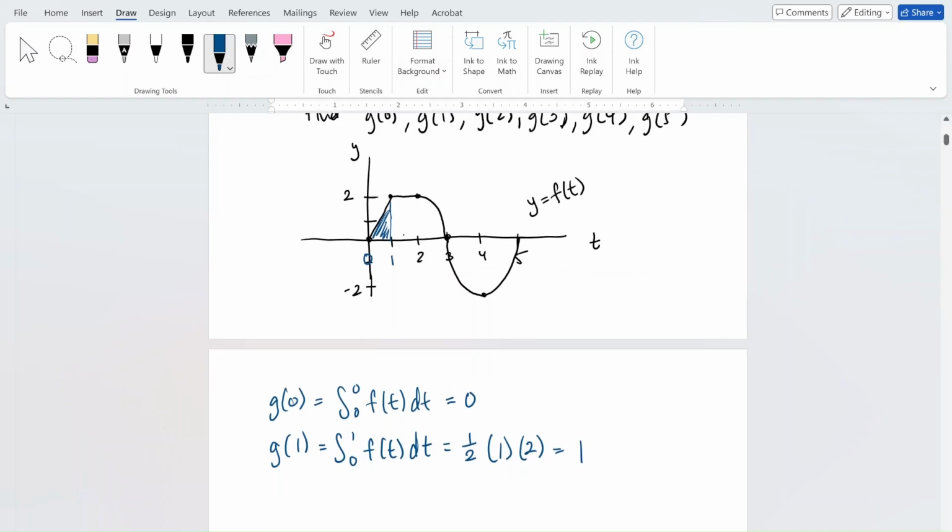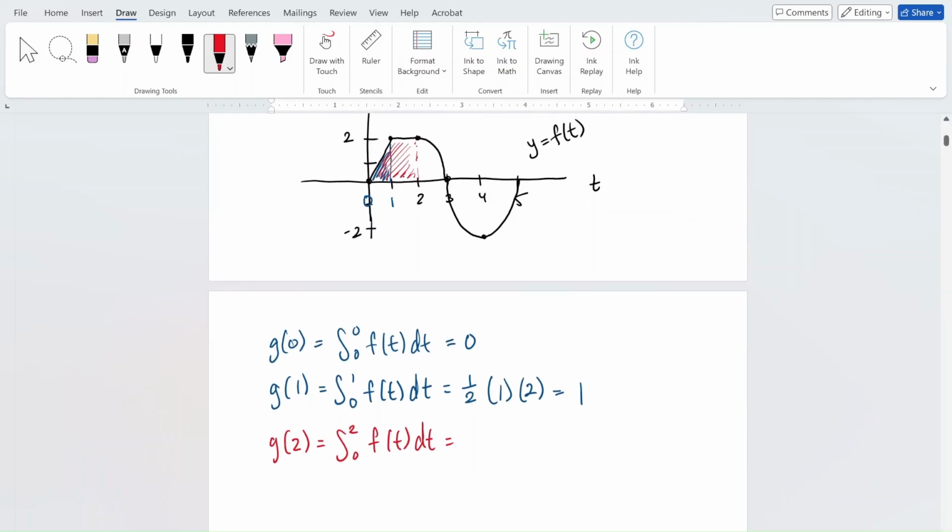Now g of 2 will be the integral from 0 to 2 of f of t dt. You can see that right here is the red part that I want, the shaded region of the red part. Remember, we have properties of integrals that I can separate it.